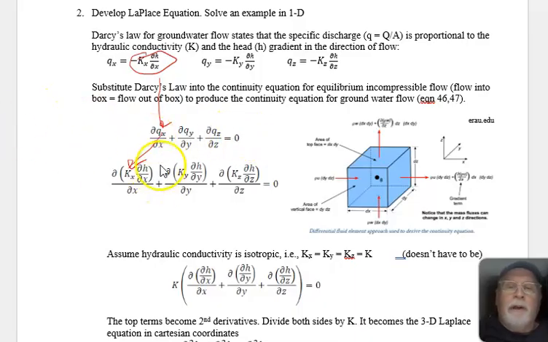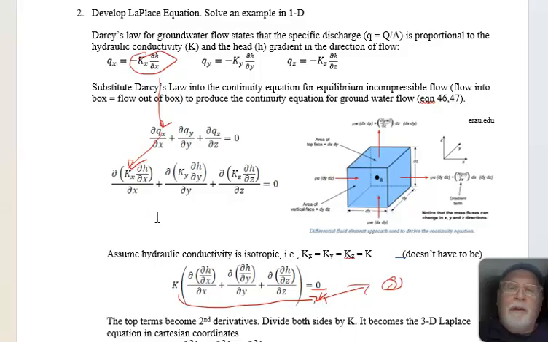If we do that, Kx, Ky, Kz all just equal the same K, and we can pull it out of the derivative. So we get K outside of the derivative, and then we can pull it over to the right-hand side, and this term goes to zero. So we can eliminate K, in other words.